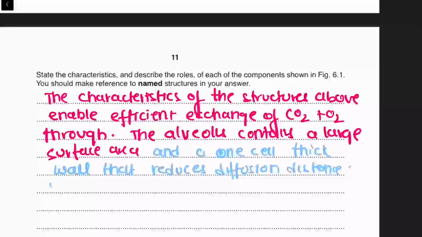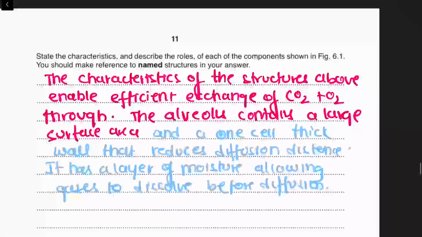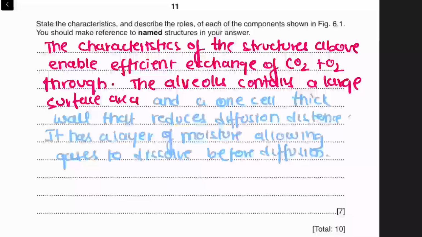So next, it has a layer of moisture, allowing gases to dissolve before diffusion. Capillary has one cell thick walls.